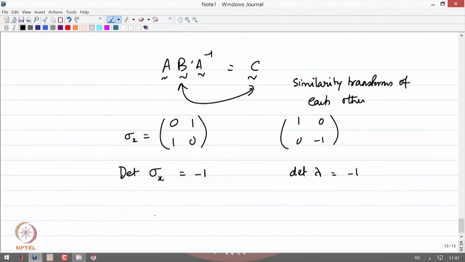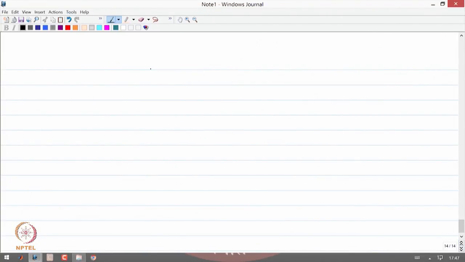The determinants of the original matrix and of the eigenvalue matrix, you see, are the same, and the determinant of the eigenvalue matrix is the product of the eigenvalues. Therefore, you see that if you take any matrix A, the determinant of A is nothing but the product of the eigenvalues of A.